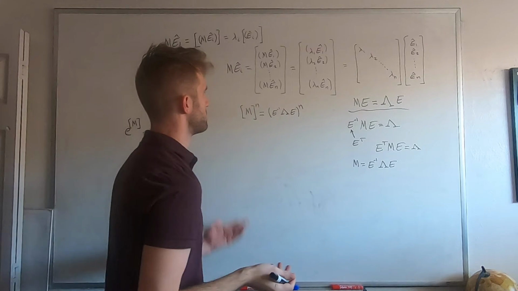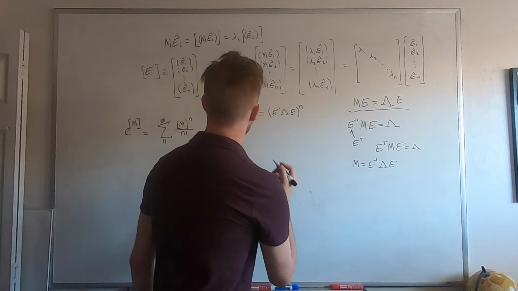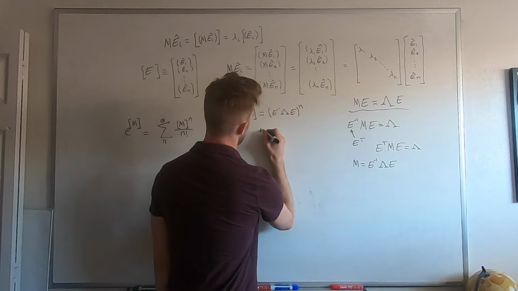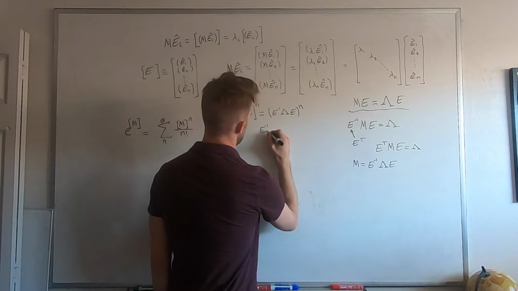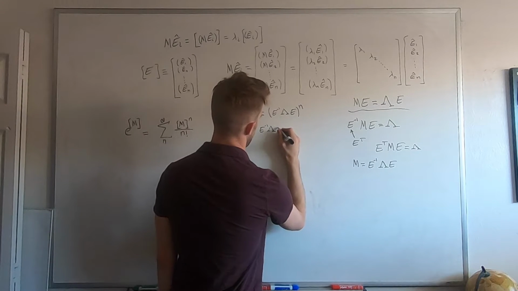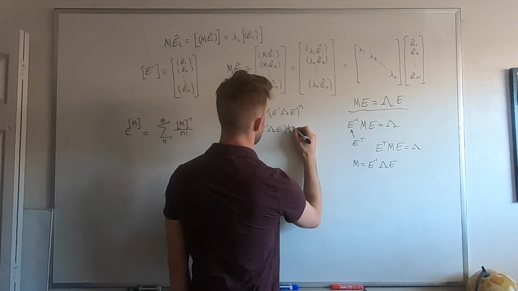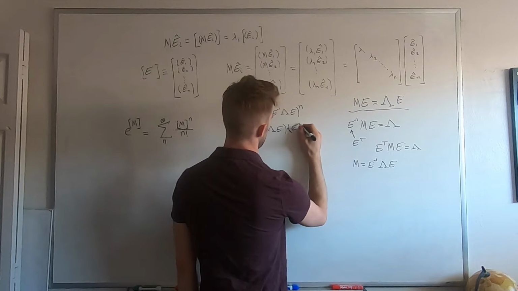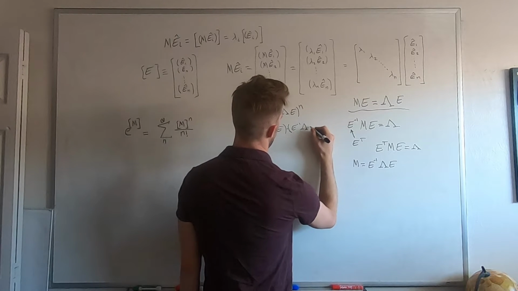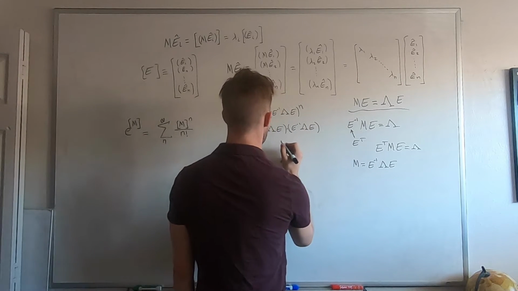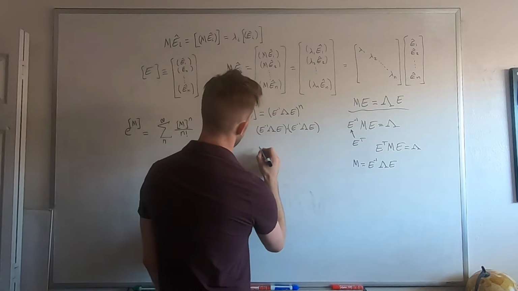All right, so let's just carry out the operation and see where this takes us. We're going to have E to the negative 1 times lambda, capital E, and we're going to multiply that by another one. You kind of get the picture where this is going, or maybe not, but we'll see.